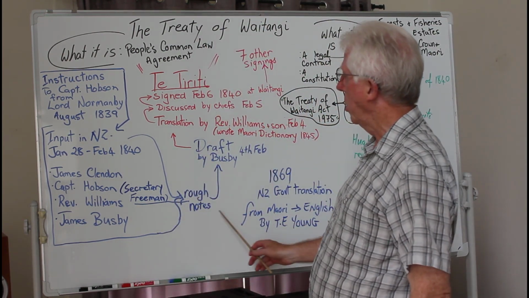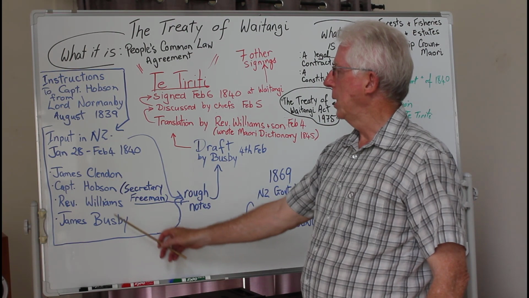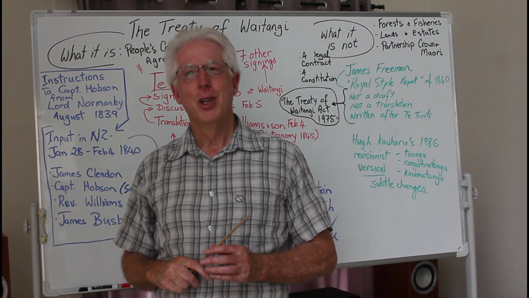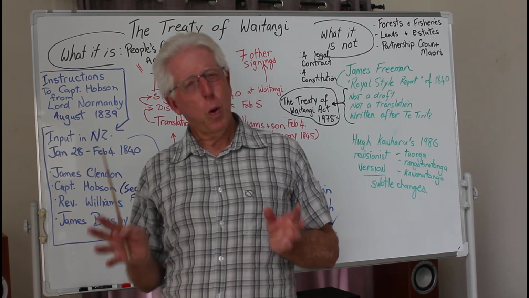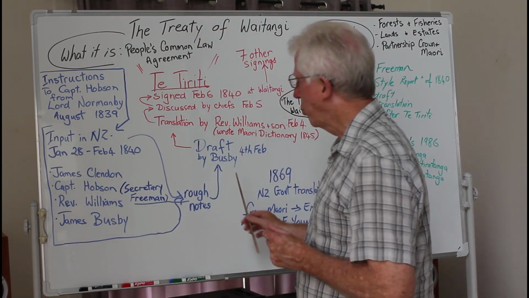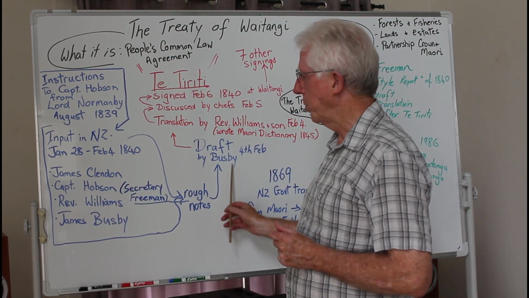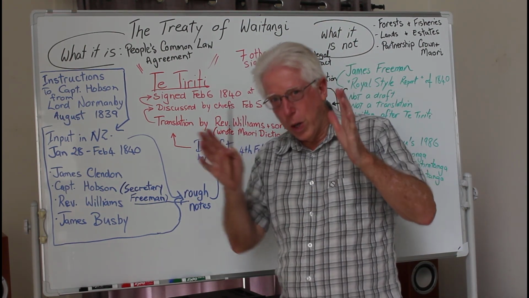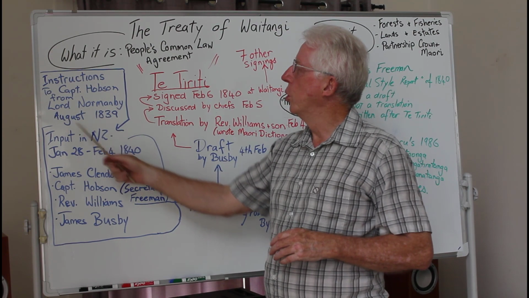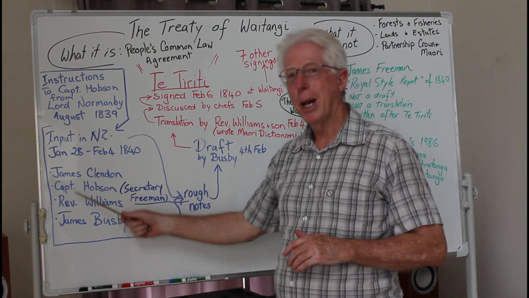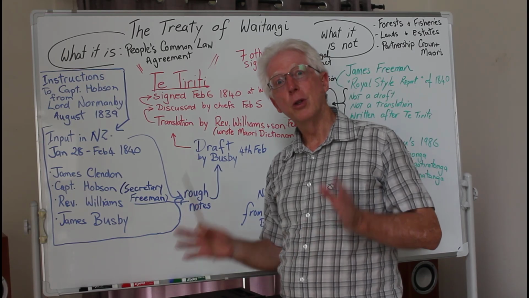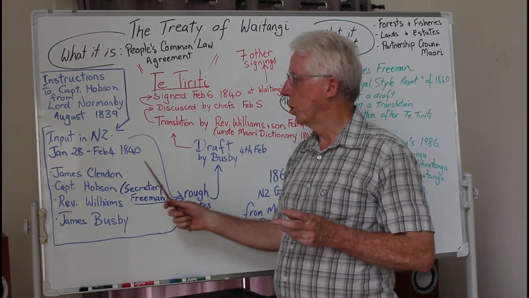So through the rough notes, James Busby, who had been living here and was bilingual, quite fluent in Maori, drafted these rough notes into a text which was oriented in the direction of Lord Normanby's instructions, plus the discussions held by those participants.